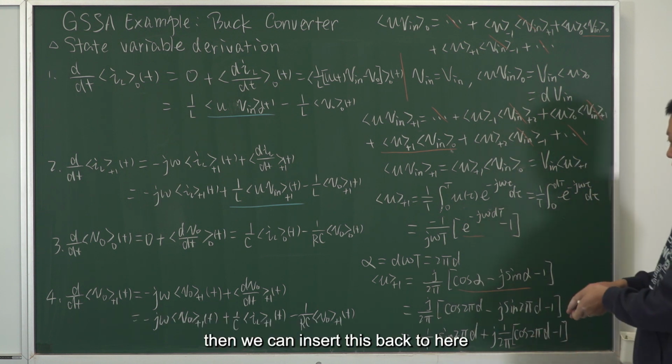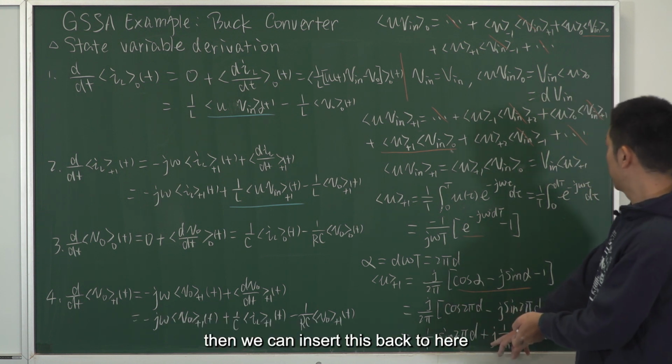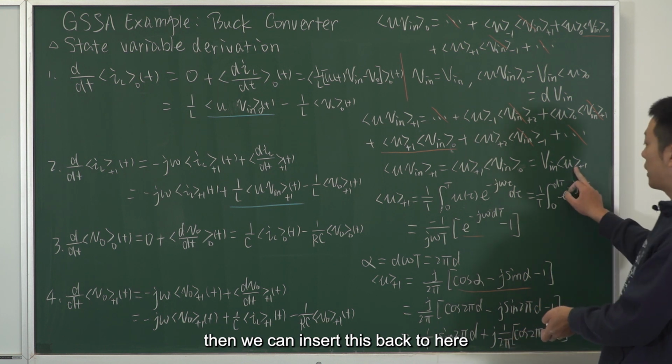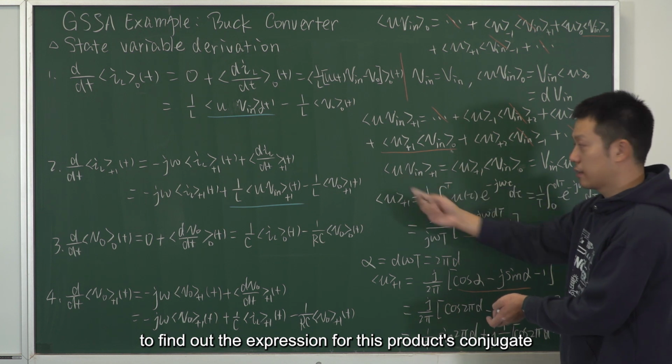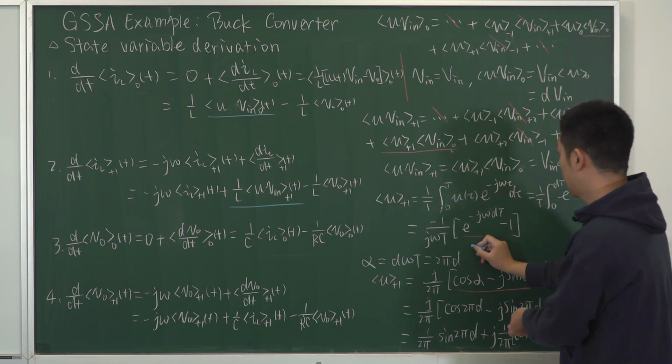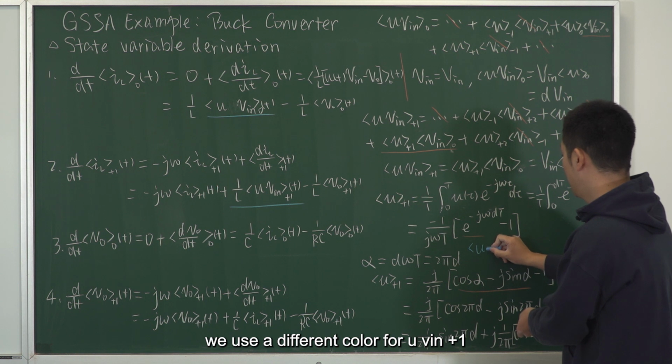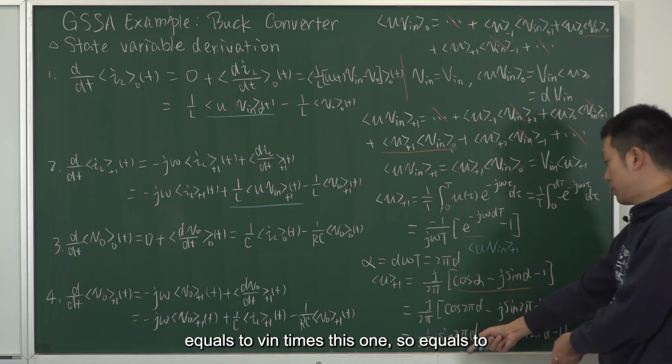Then we can insert this back to here, right, to find out the expression for this product's conjugate. I will use a different color. So u v in plus 1 equals v in times this one, right?